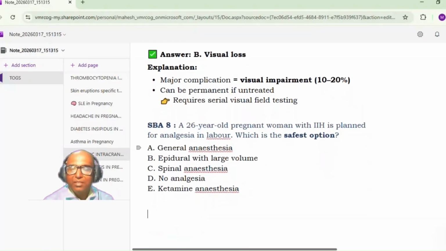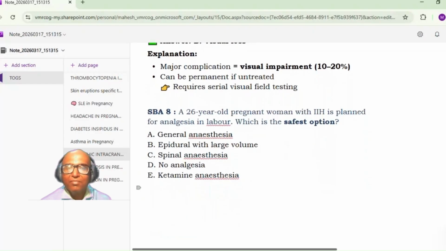Next. A 26-year-old pregnant woman with IIH is planned for analgesia in labor. Which is the safest option? A. General anesthesia. B. Epidural with large volume. C. Spinal anesthesia. D. No analgesia. E. Ketamine anesthesia. The answer is C, spinal anesthesia.